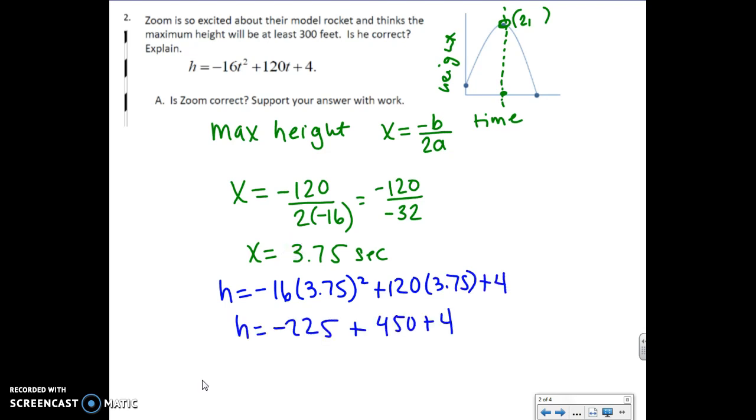Okay, so when we square 3.75 and then multiply it by negative 16, we get negative 225 plus 120 times 3.75, which is 450, plus 4. And that is going to give us 229 feet. So my maximum height is 229 feet, so it does not reach the 300 feet, so he is not correct. And I can also go ahead and graph that here.